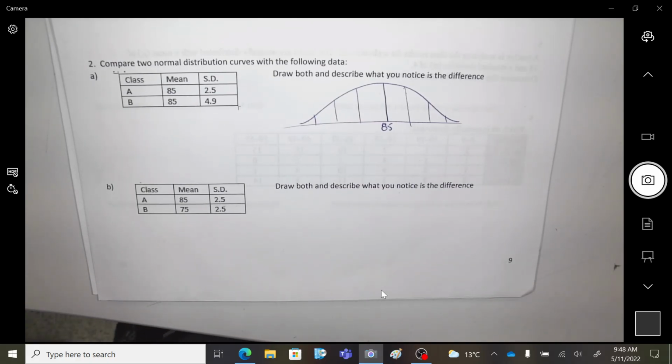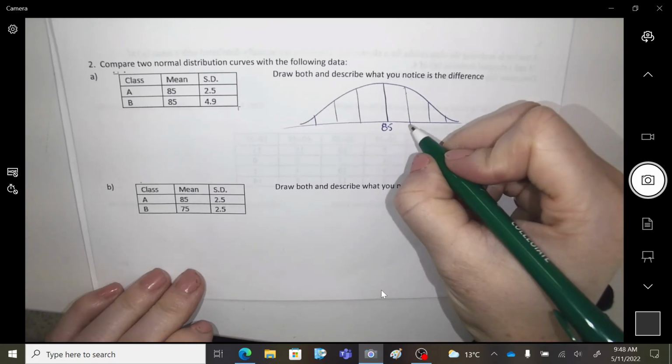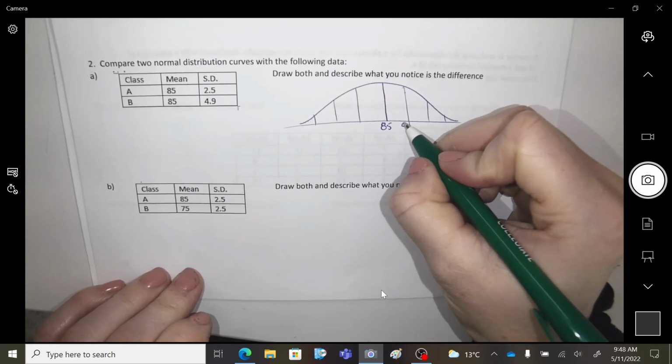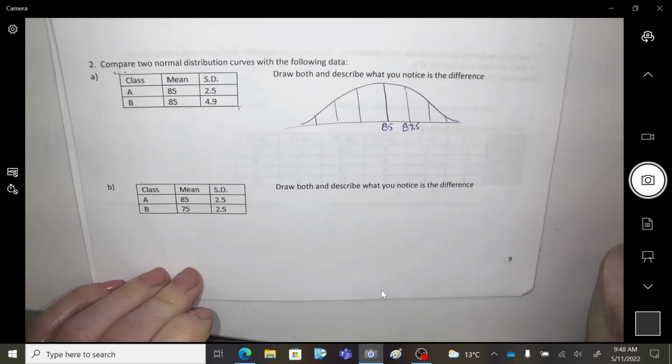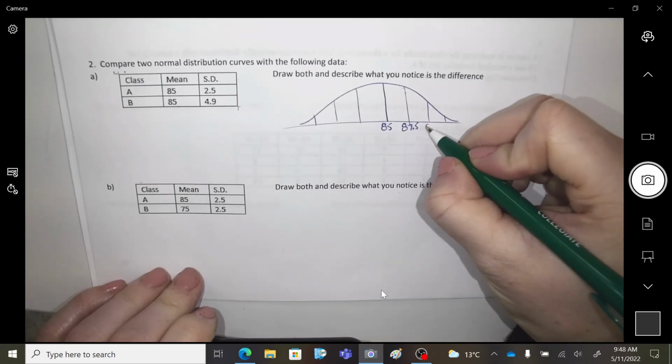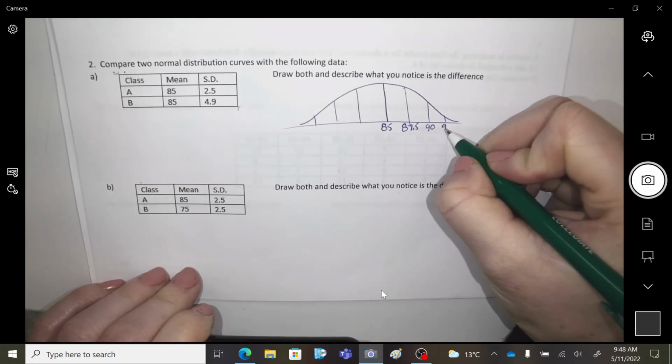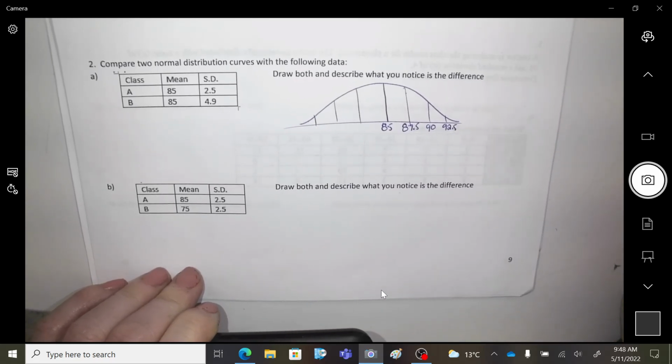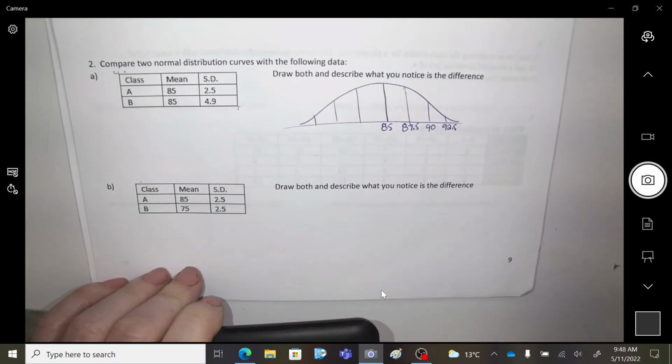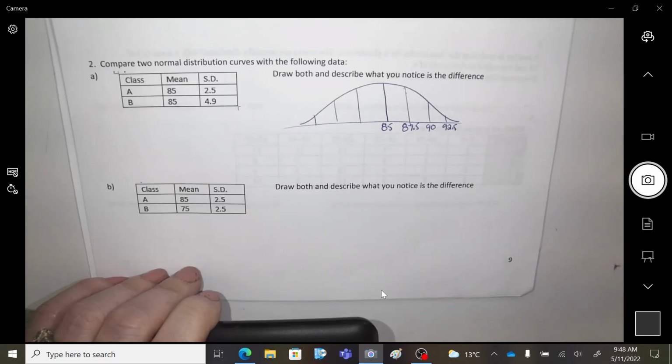Okay, so give me some numbers here. This is above, so 87.5, 90, 92.5. You see what I did? I added 2.5, added 2.5.